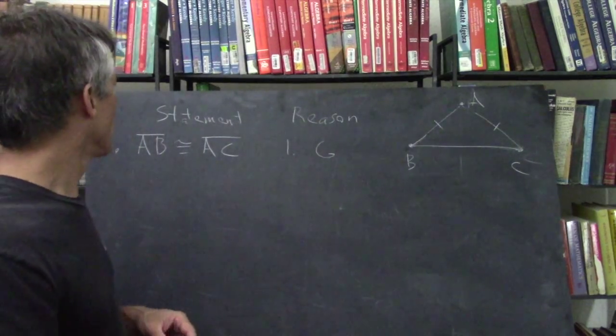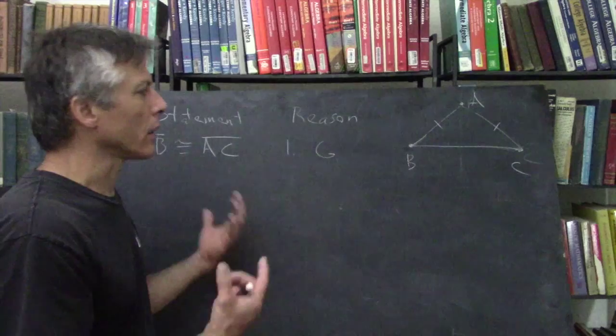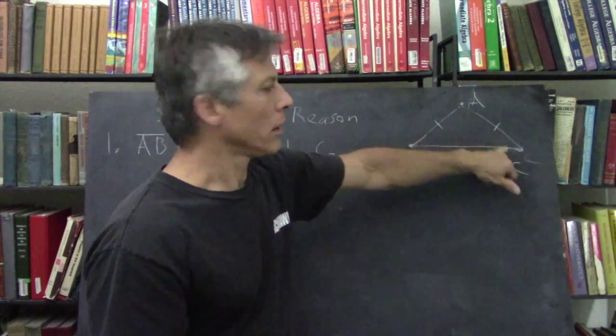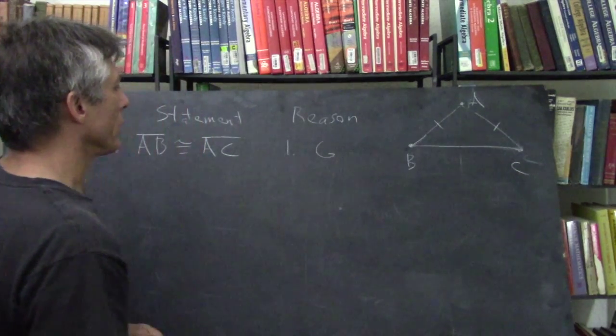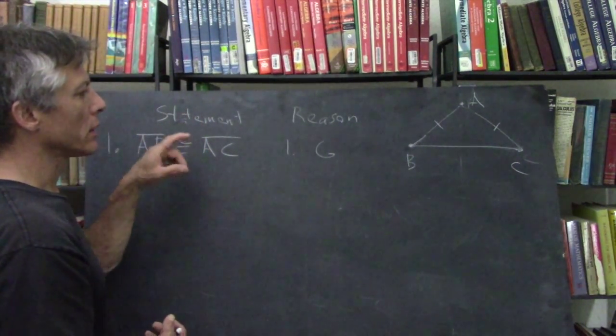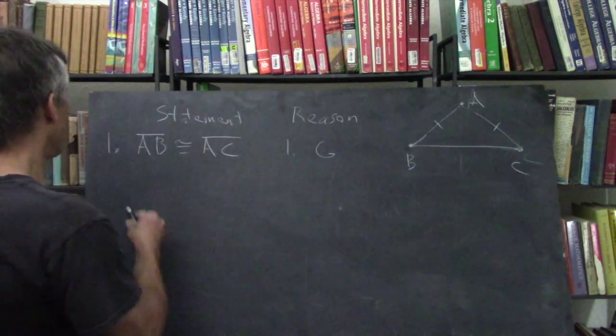So we drew those lines in there, but I'm not going to write that down. Between any 2 points there's a straight line, and that'd be postulates. If you want to put that in the proof, you can do that. AB is a segment, AC is a segment. One of our postulates.